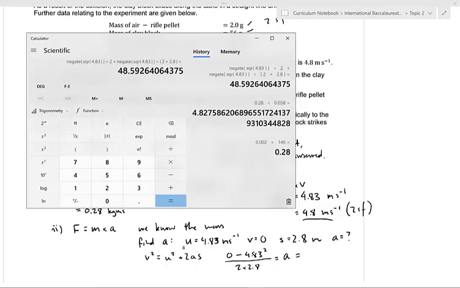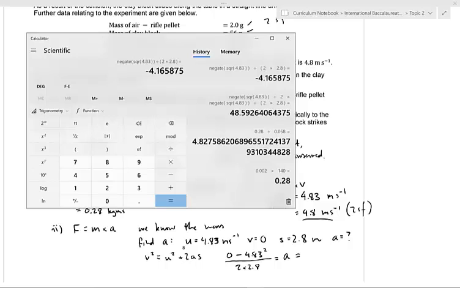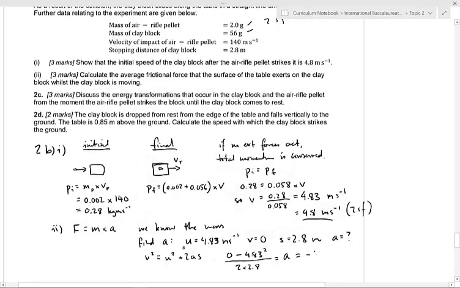Let's just have a look at that one more time. 4.83 squared, negative, divided by 2 times 2.8 gives us negative 4.166, negative 4.166 meters per second squared.